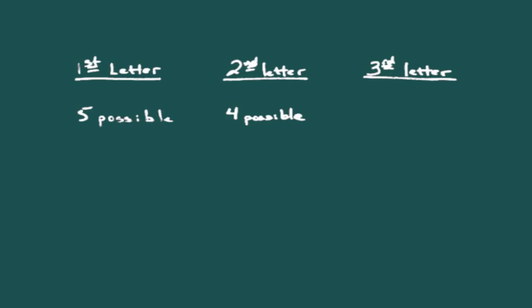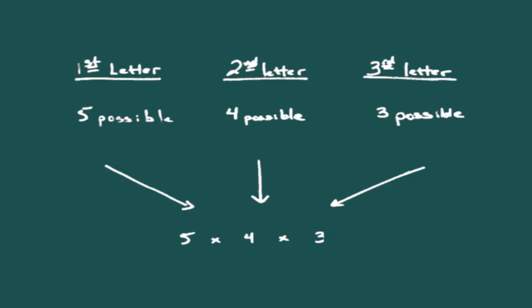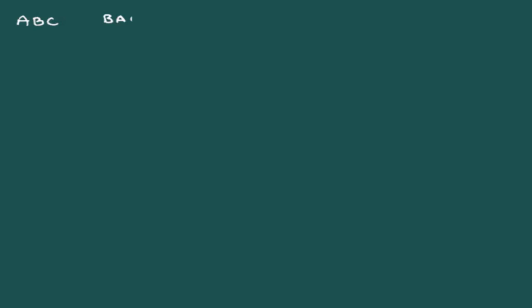We get to the third letter, and 2 letters are already gone, so we only have 3 possibilities for that letter. And so the fundamental counting principle says that the total number of choices is 5 times 4 times 3. 5 times 4 is 20, times 3 gives us a total of 60 different words, 3 letters long, with the letters A, B, C, D, and E.